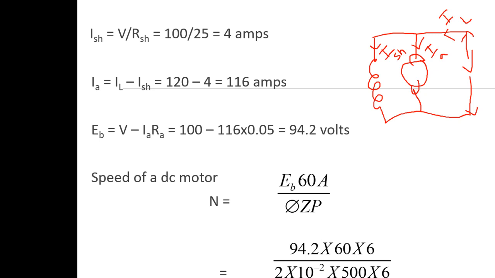Then now we will get the speed. So the speed is 565 RPM, that is revolutions per minute. So the speed of the given DC shunt motor with all the given information is 565 RPM.